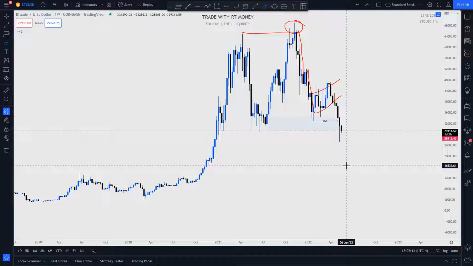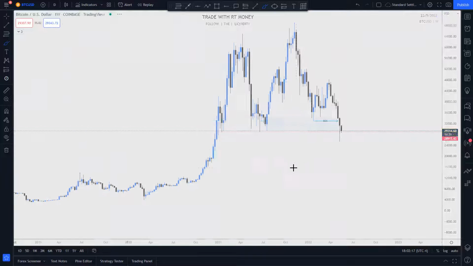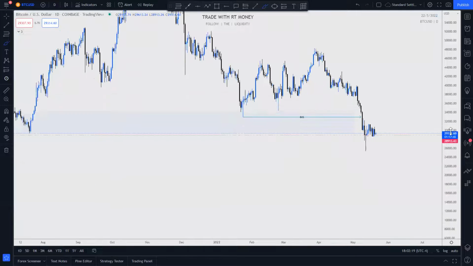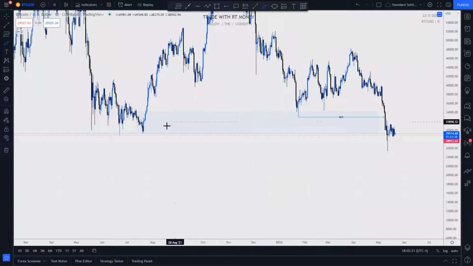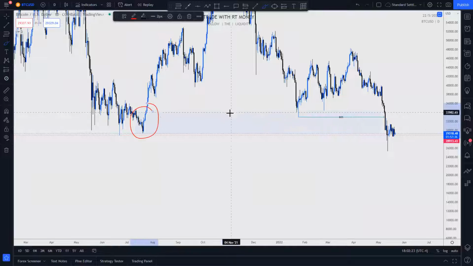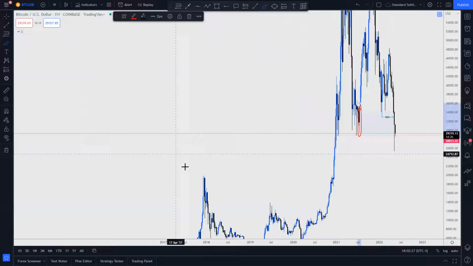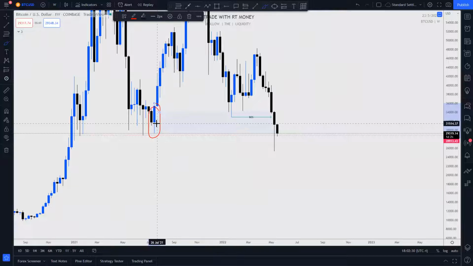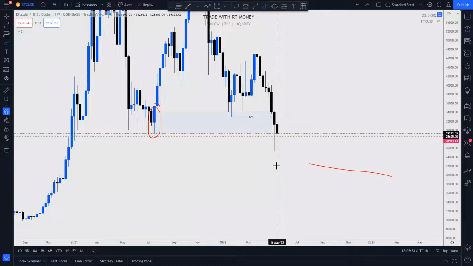Now, let's take a look at the daily. And I want to point something out. See, this zone here I got marked. This was actually a weekly zone of demand, as you can see. Price jabbed through it.